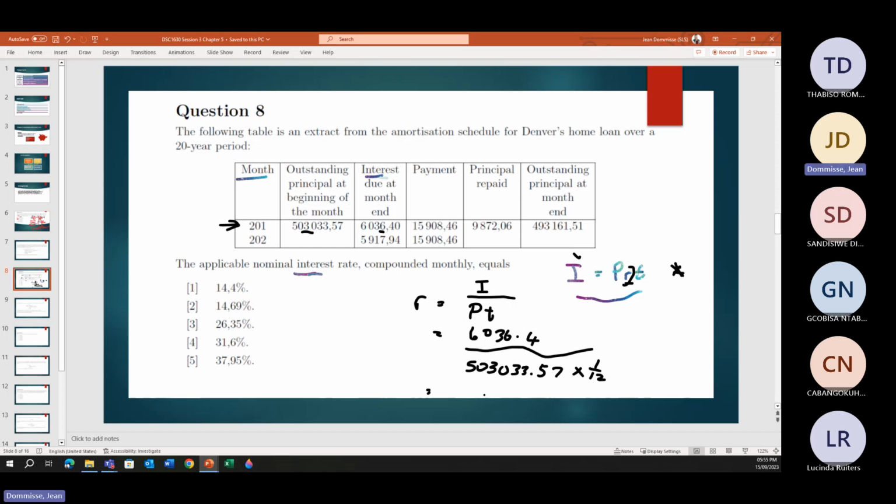If I work that out, I get 0.1440. And then to change it into an interest rate, I times by 100 to get me 14.4%, which is then actually that first answer.